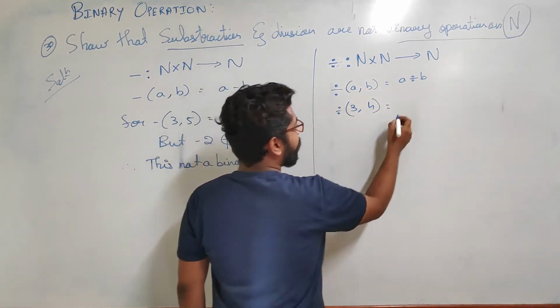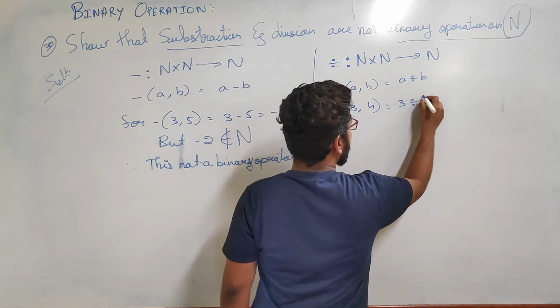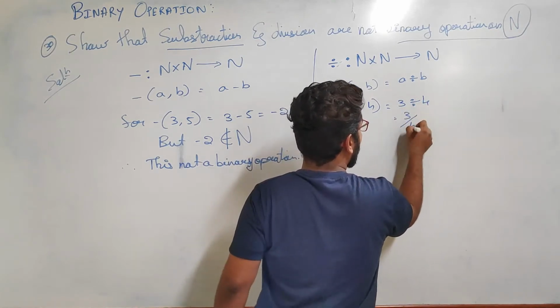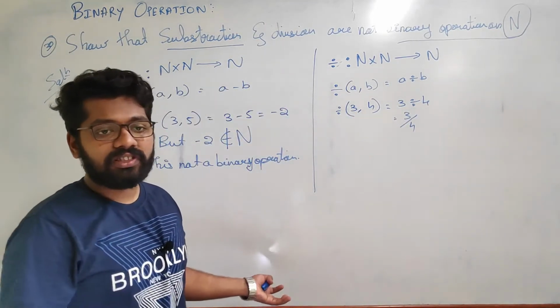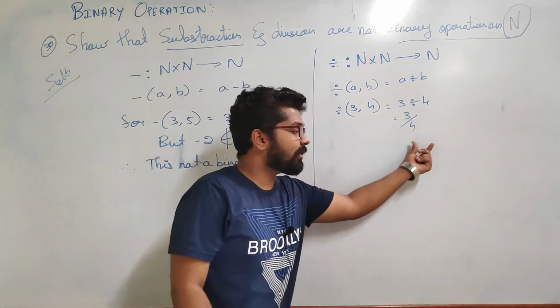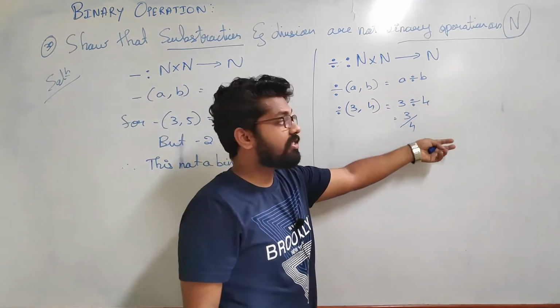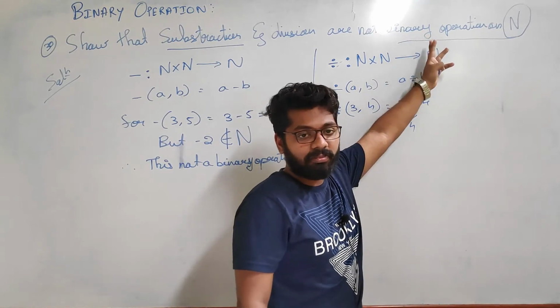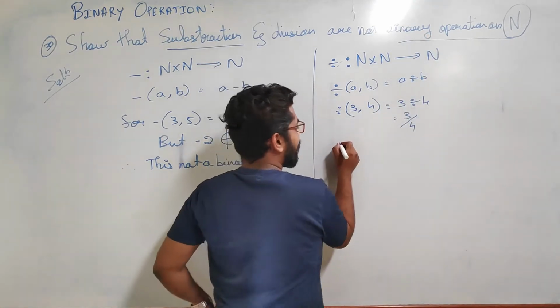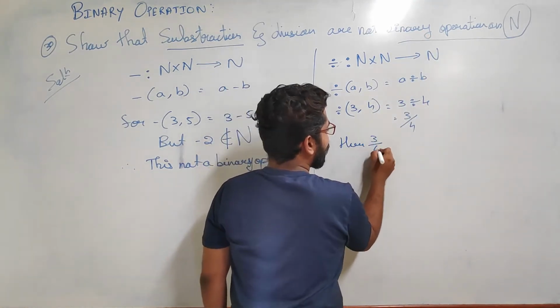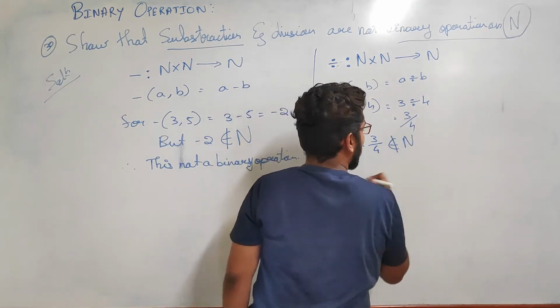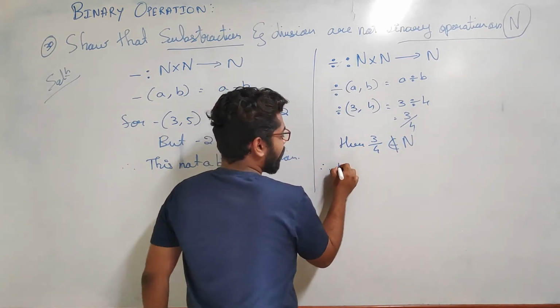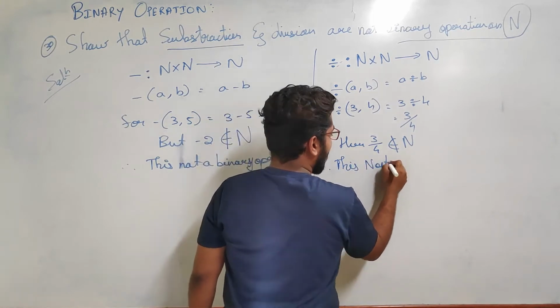Division of (3, 4) is 3 divided by 4, which equals 3 by 4. Even if it is divisible, you will get a decimal number which does not come under the natural number set. Therefore 3 by 4 does not belong to the set of natural numbers, and therefore this is not a binary operation.